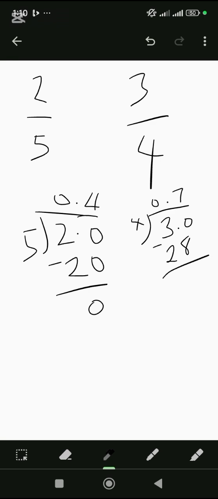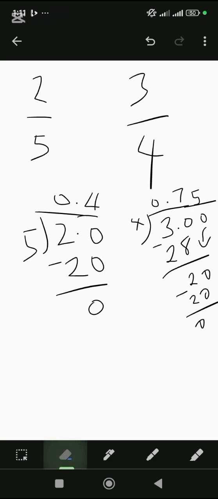When we subtract, we will have 2. Okay, and it means we can have another 0 here, which we can bring down. And 4 into 20 is 5. And so 4 times 5 is 20. We can subtract this and have 0. So all of this means that this is 0.4, and this is 0.75.